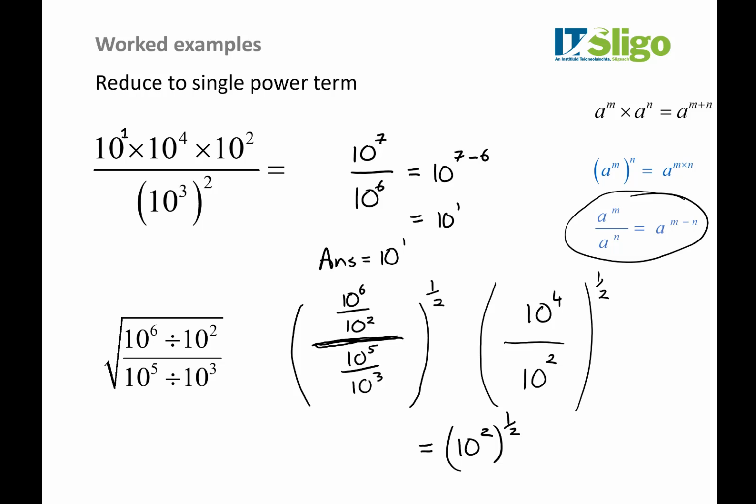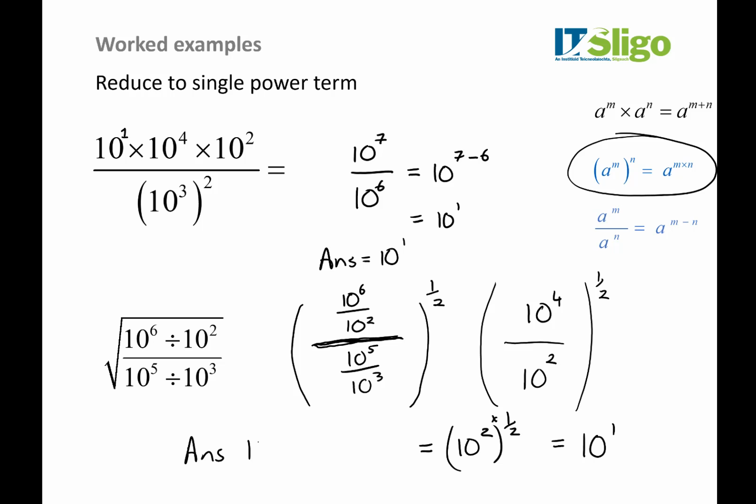And then because of rule 5 up here, one power raised to the other, 2 multiplied by a half gives me 10 to the power of 1. And again, that's my answer there. It's just a coincidence it's the same answer. The answer to all of these is not 10 to the power of 1.